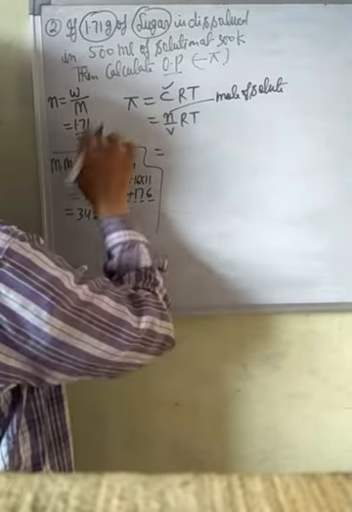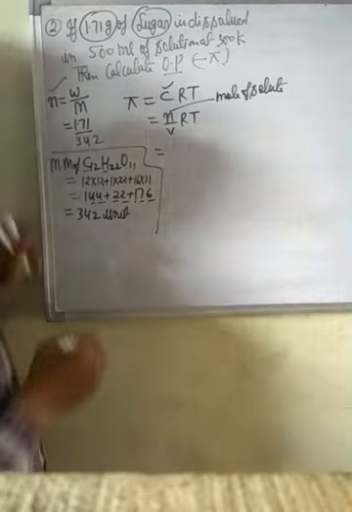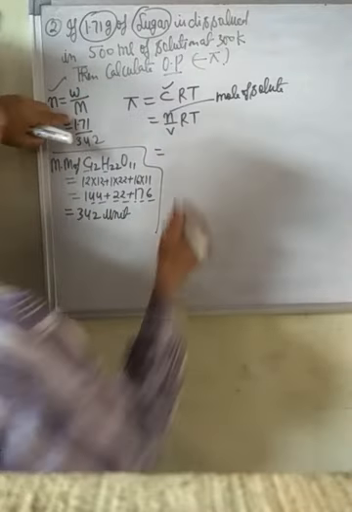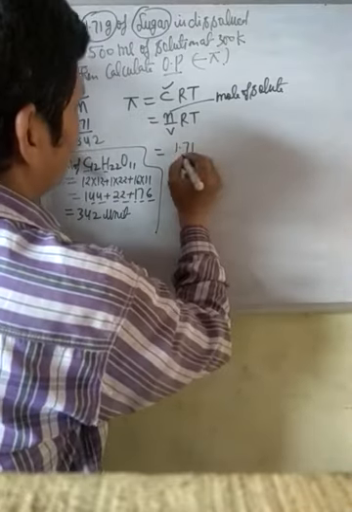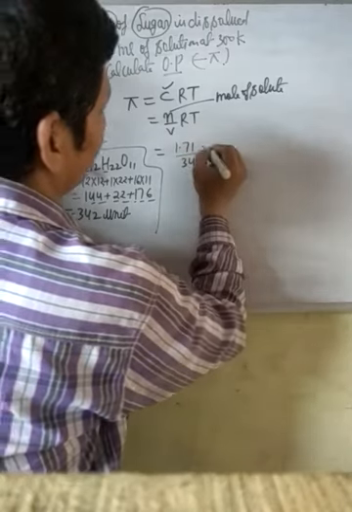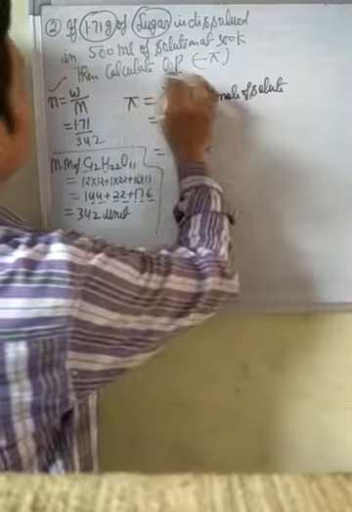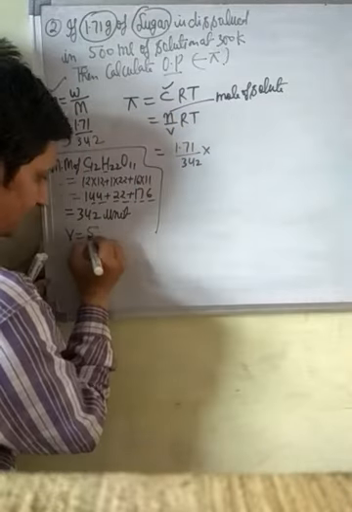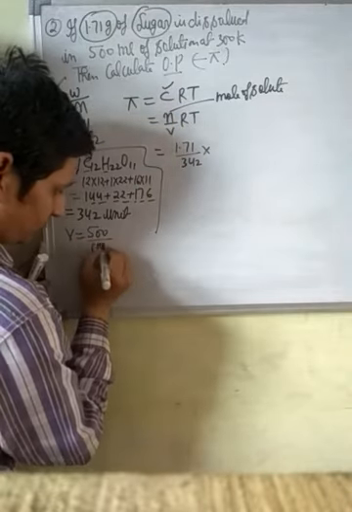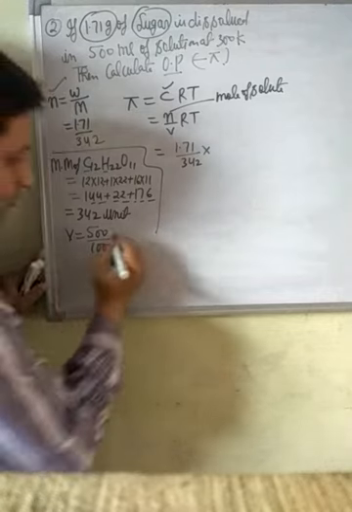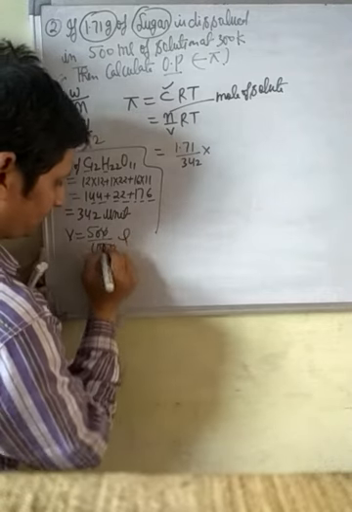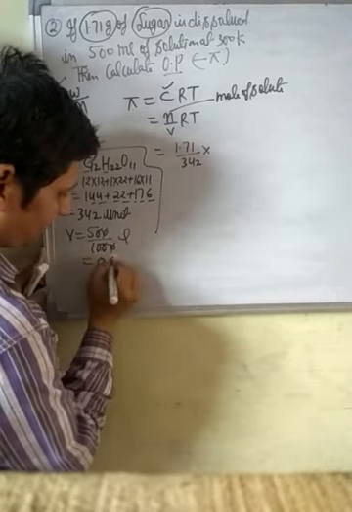In place of n moles of solute we can write 1.71 upon 342, and volume in liter. Volume is given in the question as 500 milliliter. To convert it into liter divide by 1000, we get 0.5 liter.